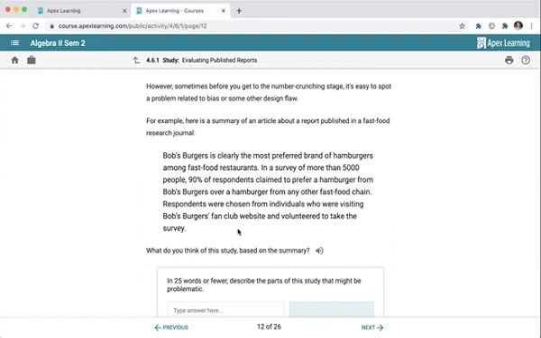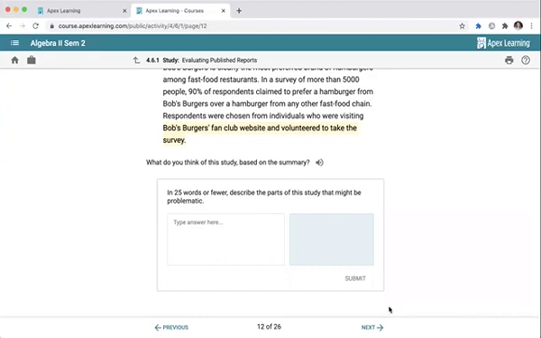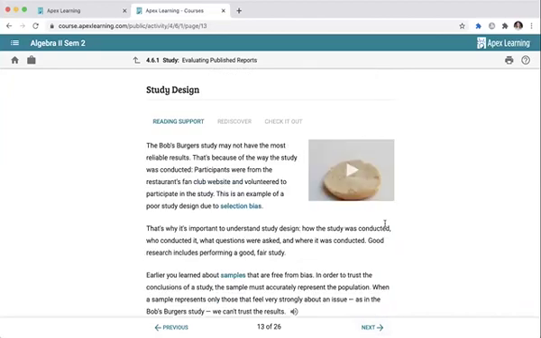Respondents were chosen from individuals who were visiting the Bob's Burger fan club website and volunteered to take the survey. Hopefully you notice a giant red flag there. They only asked people who visited the Bob's Burger fan website. They didn't ask everybody. They asked people who have been to Bob's Burgers and who clearly have subscribed to something saying that they liked it, right? So that would be pretty problematic here.